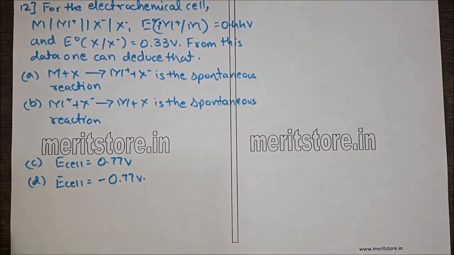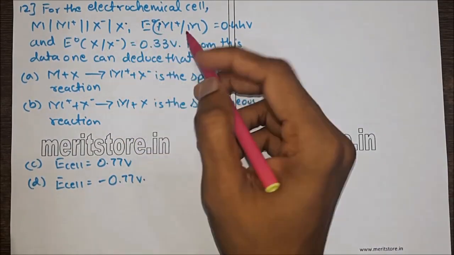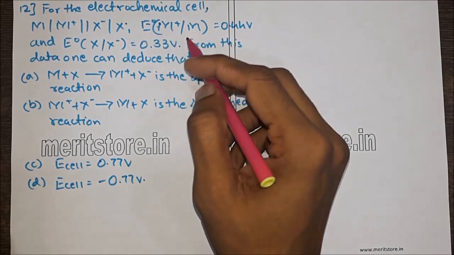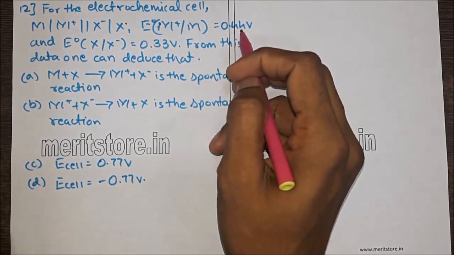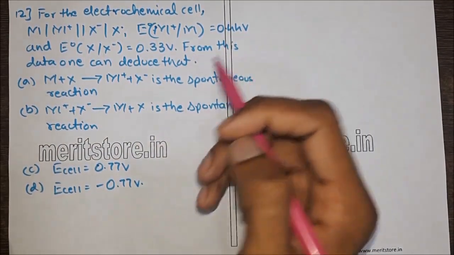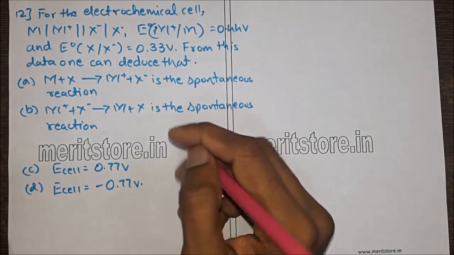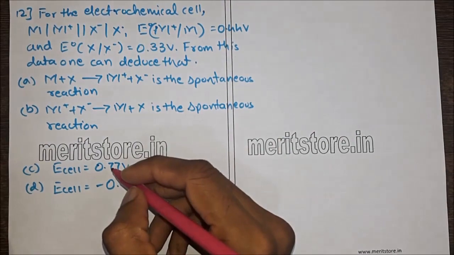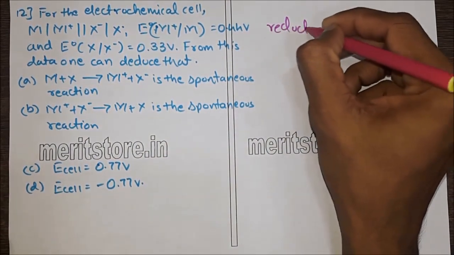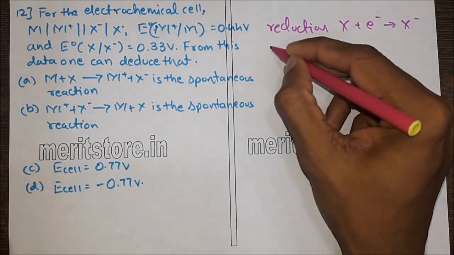Question 12, for the electrochemical cell M | M+ || X- | X, we have given standard potential for M as 0.44 volt and for X as 0.33 volt. For this data, one can deduce that option. There are given 4 options over here. For the given cell, the cell reaction is derived as follows. That is, for reduction, X plus e gives us X-, and for oxidation, M gives M+ plus e.